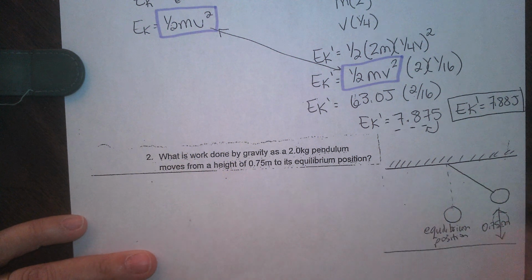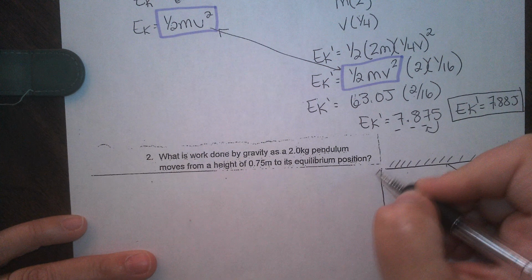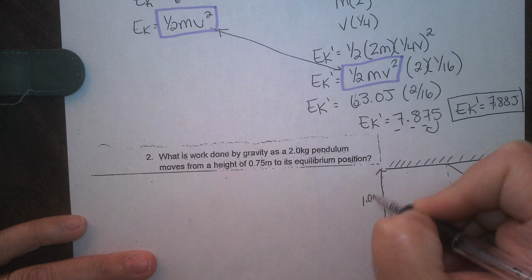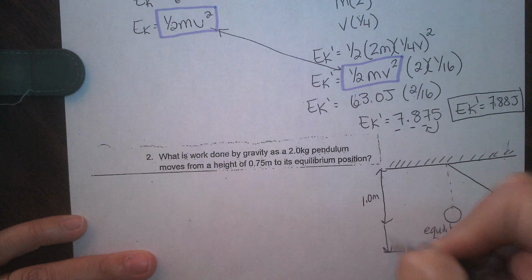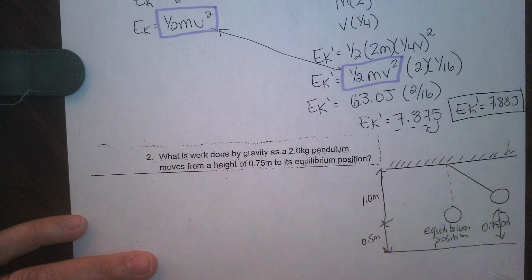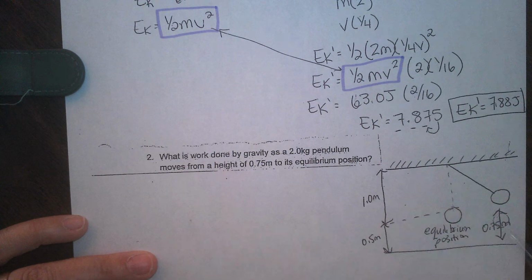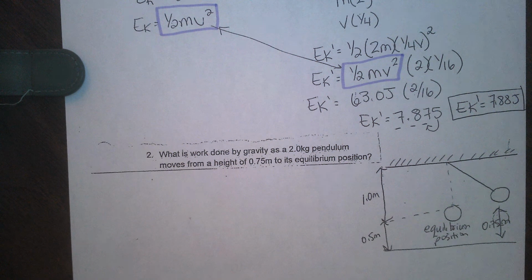And then what is also told to you is that from here to here is 1.0 meters, and from here to here is 0.5 meters. I didn't draw it to scale very well.